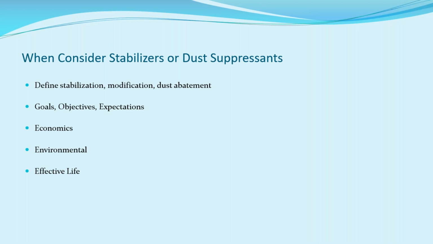So what I prefer is using a stabilizer, which can also be used as a suppressant, but they're kind of interchangeable. By the same token, you stabilize the roadway and reduce the dust.